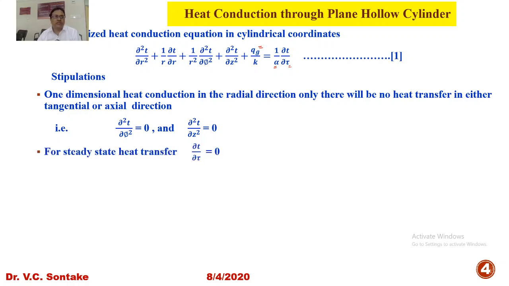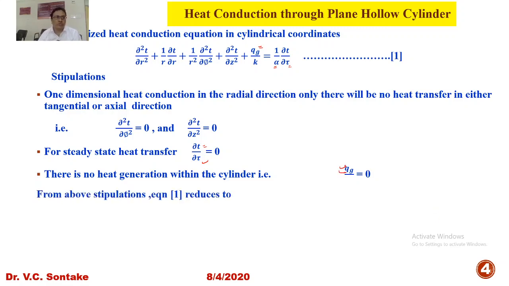Second stipulation, we are considering steady-state heat transfer. So any variation of temperature with respect to time will be 0. We are not assuming any heat generation within the cylindrical body. So as a result, Q dot G will be 0.